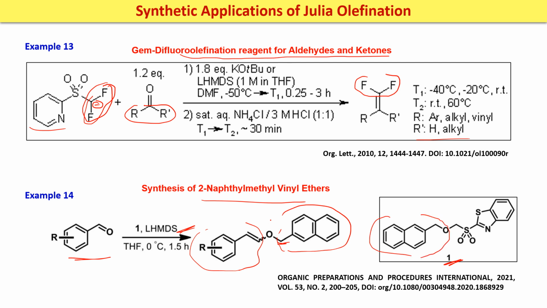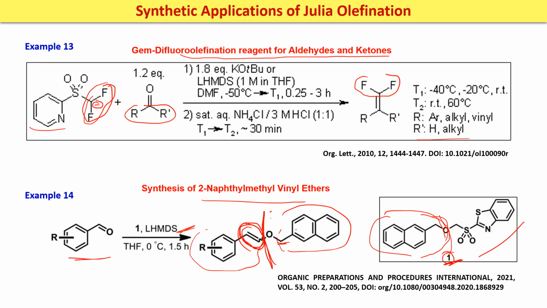That means this is our newly generated C=C double bond, which is our main bond formation, the double bond formation by Julia. That is fine. But if we consider one part of this C=C double bond, the right hand side part, that is actually coming from this one compound, that means from the heteroaryl substituted sulfone.